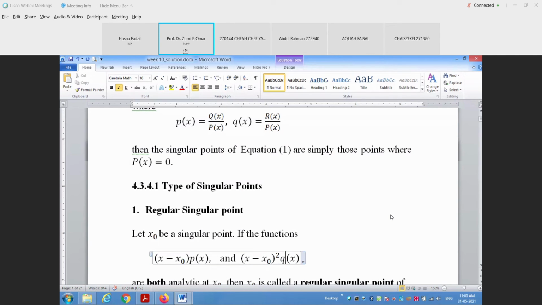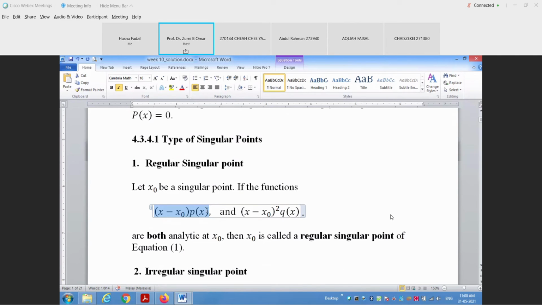So we need to construct these two functions, (x minus x naught) p(x) and (x minus x naught) squared q(x). If both functions are analytic, what do I mean by analytic? I mean the value of the function is defined at x naught. That is what we mean by analytic.